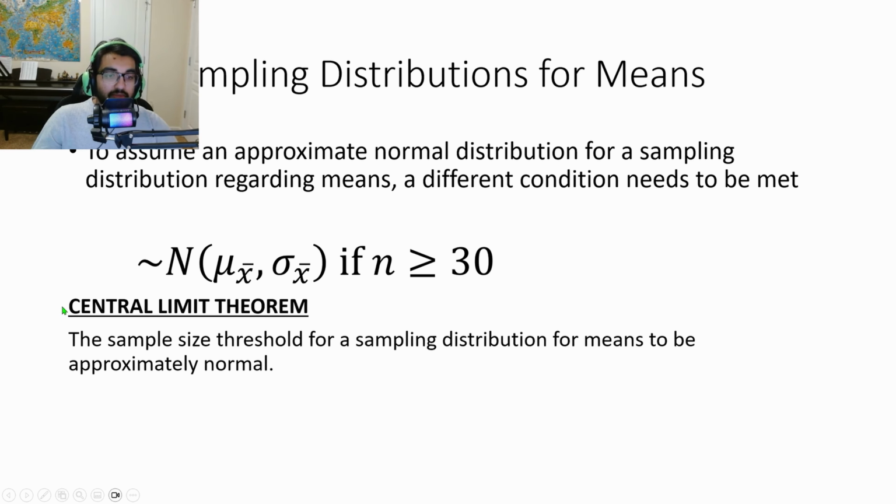This comes from something called the central limit theorem, which has a lot of different complicated components, but for the purposes of AP statistics and the AP statistics exam, this is the important thing you need to know. If the sample size is greater than or equal to 30, that means the sampling distribution is assumed to be approximately normal, and you can use area calculations like normal CDF to approximate your values.